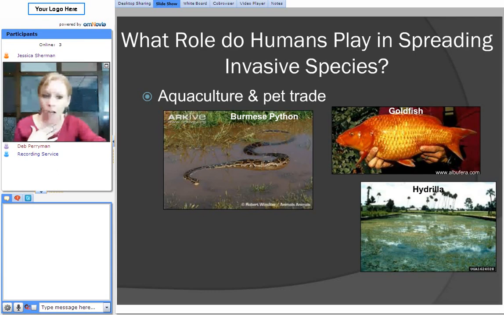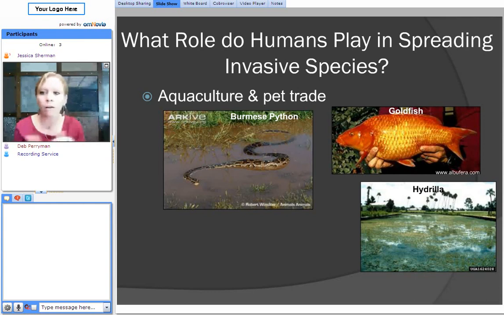There's a plant called hydrilla that is used very frequently in aquariums, in planted aquariums. And oftentimes when people are done with their aquariums, they'll just kind of either flush plants down the toilet, which they think is safe, but those actually get caught in water treatment plants and usually will go through the grates and end up into waterways.